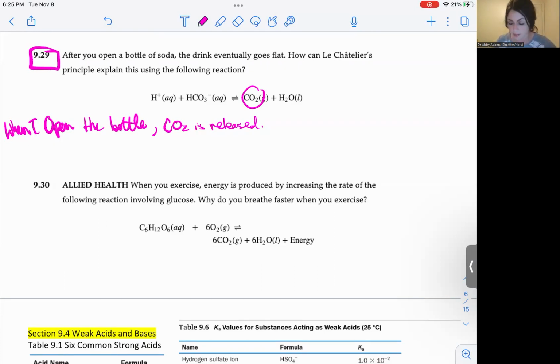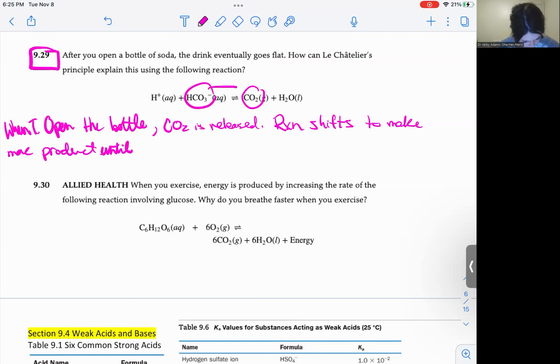And then, sorry, I got distracted by Phil over there. So the reaction shifts. It's going to shift to make more product, until it's going to make more product, right?